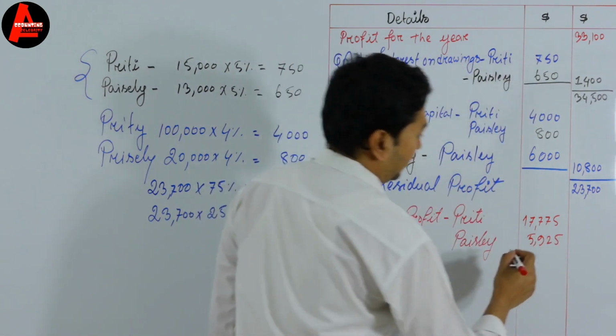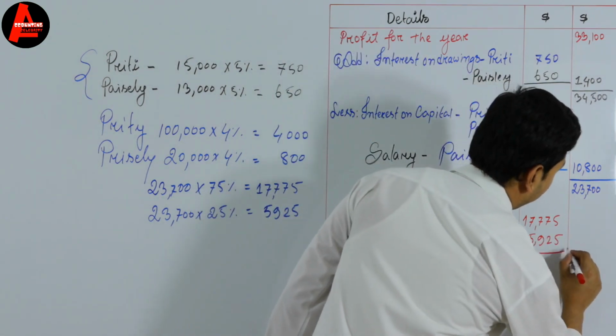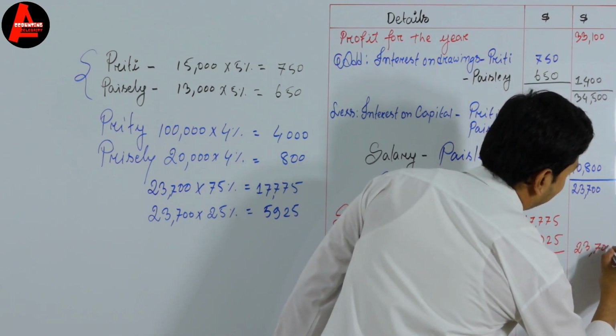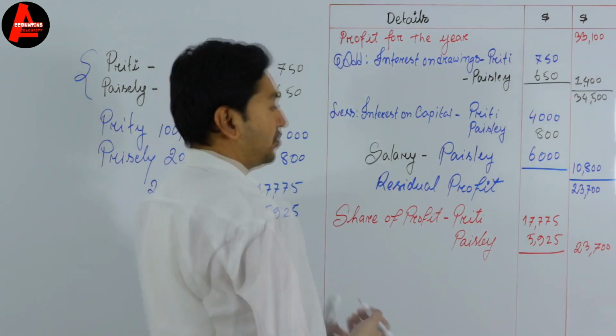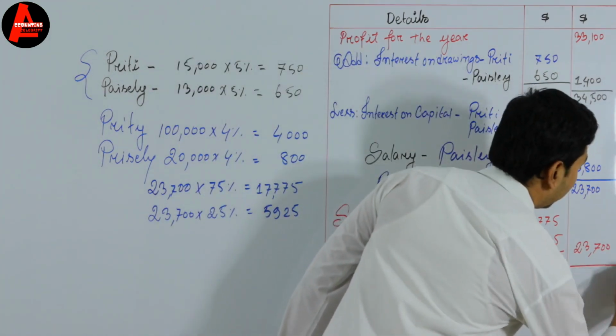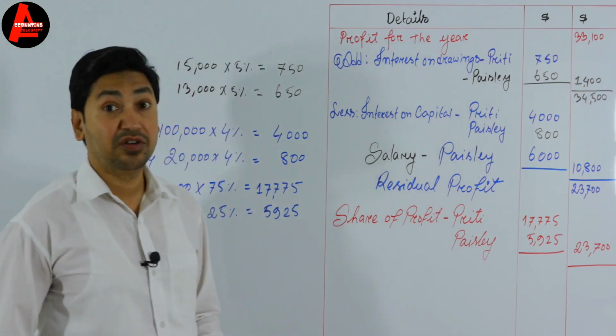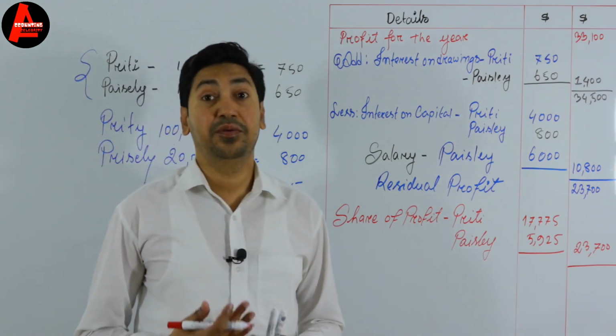Okay, so if we sum up these two amounts, it is same here, $23,700. Okay, so this is how you need to prepare profit and loss appropriation account for partnership business. Okay.